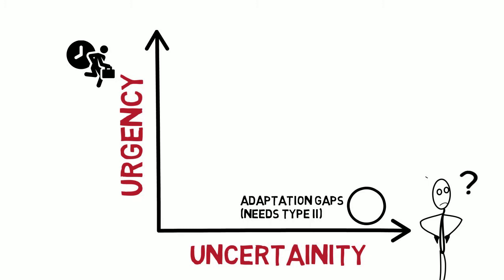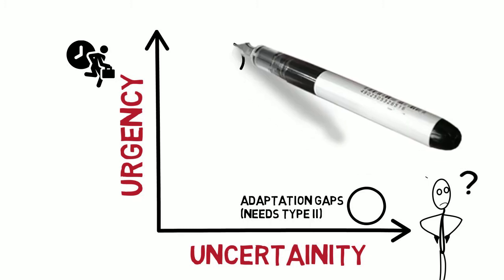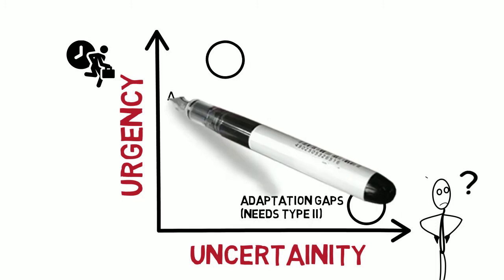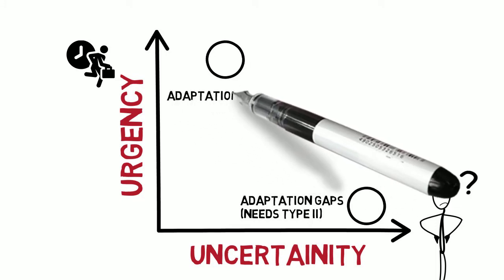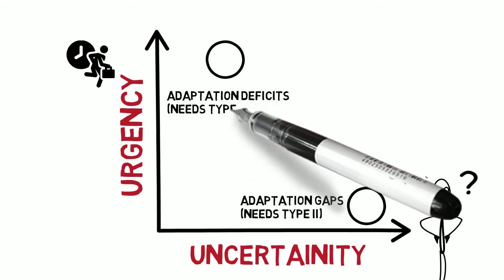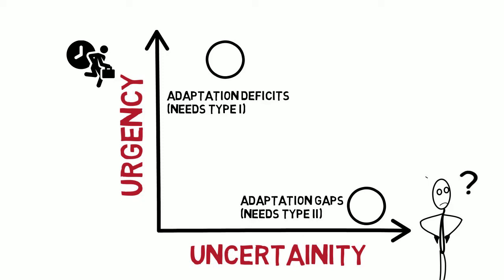On the other hand, if you look at type 1 actions addressing adaptation deficits, the opposite is true. We have a sense of urgency because these are actions that we have to do in order to address current issues. The level of uncertainty is, relatively speaking, low compared to type 2 adaptations.